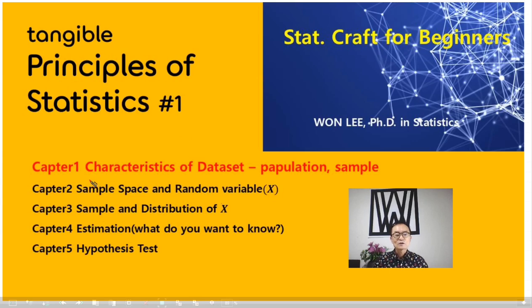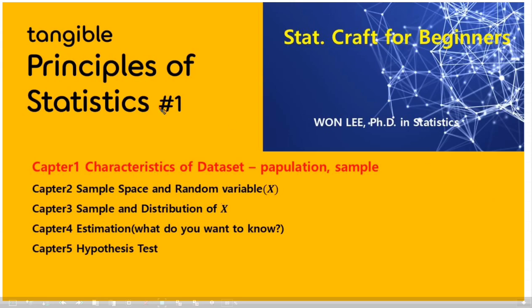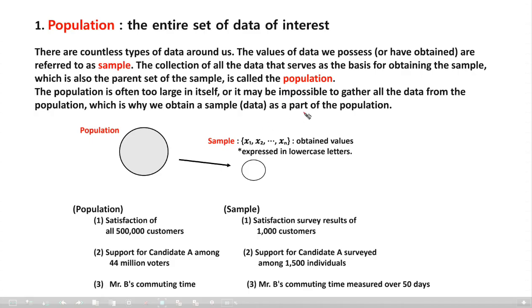This is the first time, so chapter 1, characteristics of a data set. What are population and sample? Population. Population is the entire set of data of interest. There are many kinds of data around us.